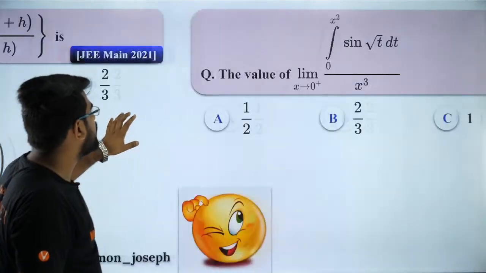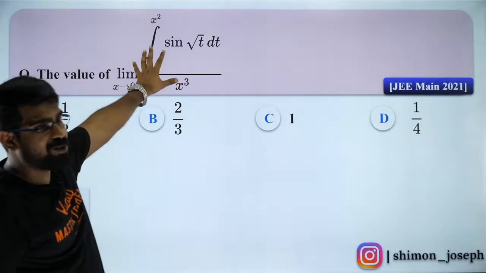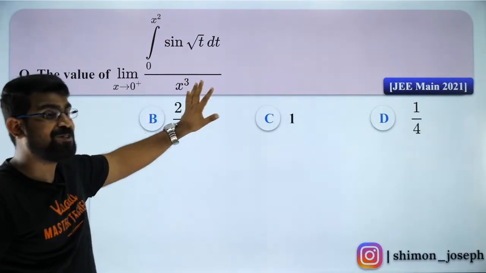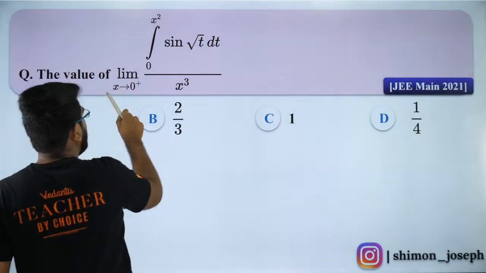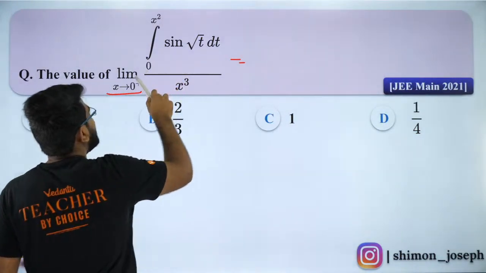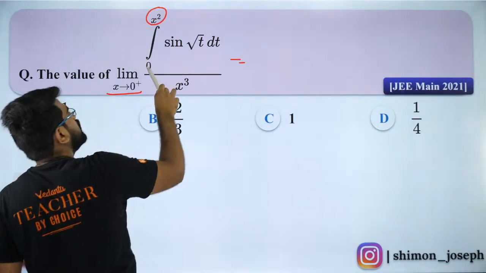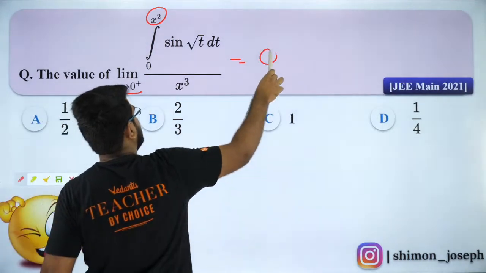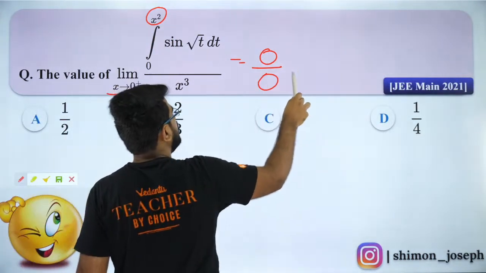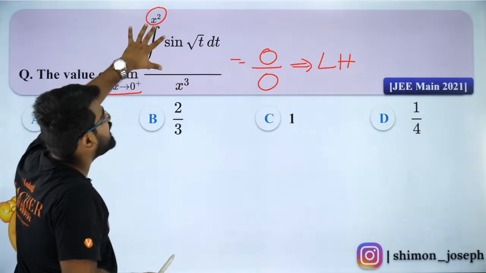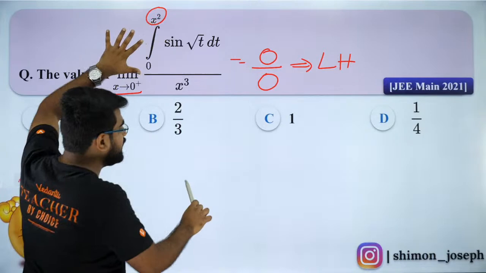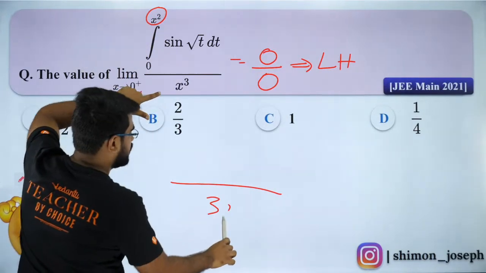Okay, so I have attached the solutions. Oh, this was a wonderful question, guys. So this is using L'Hopital, because if I put x as 0, the numerator will be 0. So the integral from 0 to 0 will be 0 only. And the denominator is also 0. So I can apply L'Hopital. So L'Hopital says I can differentiate my numerator and I can differentiate my denominator.